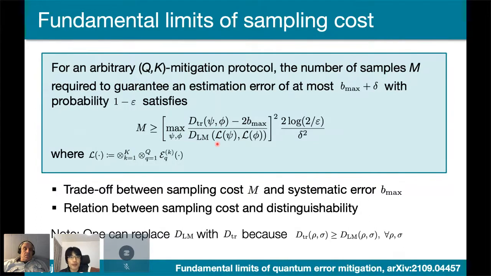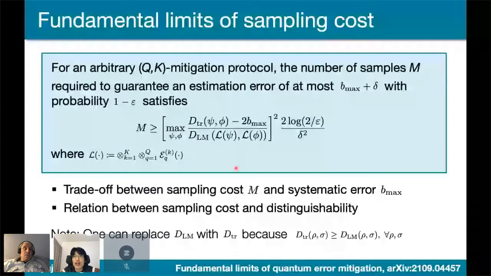So you can see this as a trade-off between the sampling cost m and the systematic error b max. And another way of seeing it is that we now have the relation between the sampling cost and the distinguishability, which is the information theoretic measure.